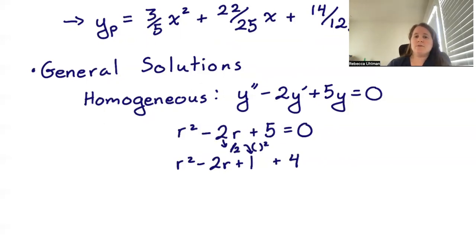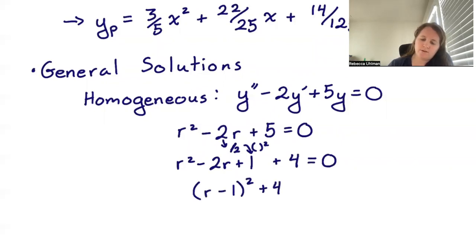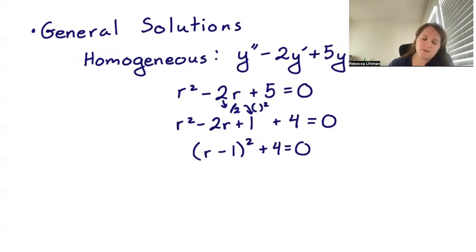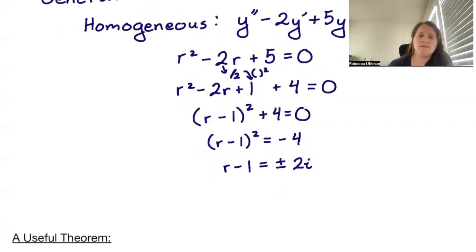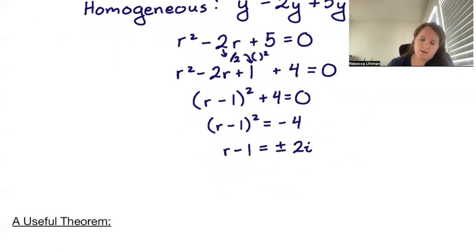And then plus 4 is what's remaining to get our 5. This is equal to 0. So we have (r minus 1) squared plus 4 is equal to 0, or (r minus 1) squared is equal to -4. That means r minus 1 should be plus or minus 2i, square rooting both sides. And we get r is equal to 1 plus or minus 2i.